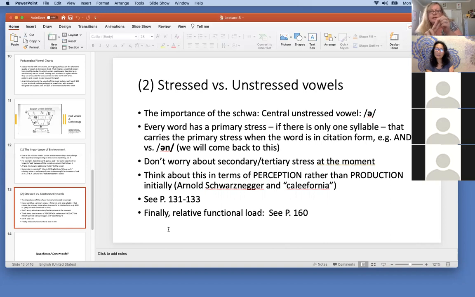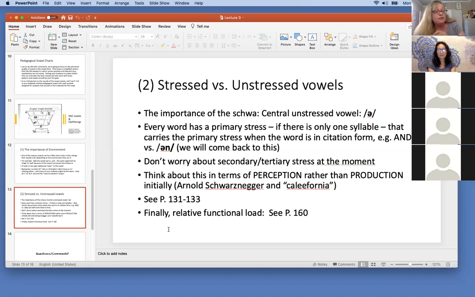So you wouldn't say, I saw a hippopotamus. You would say, I saw a hippopotamus, right? So that would have word stress and sentence stress on hippopotamus, right? But you wouldn't say, I saw a hippopotamus, which would be sentence stress on every single word.